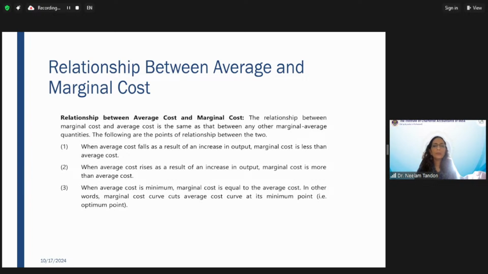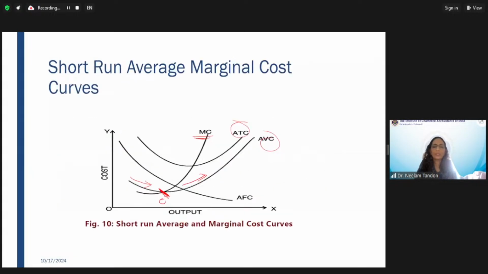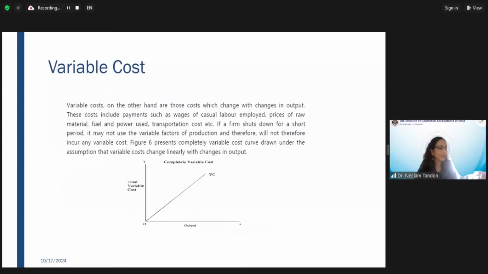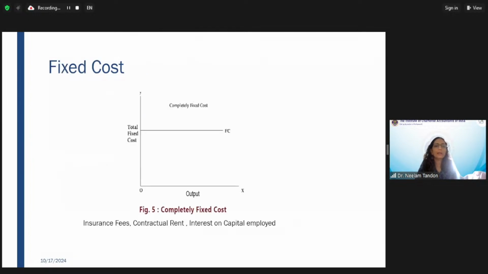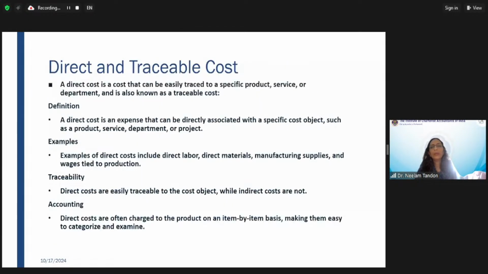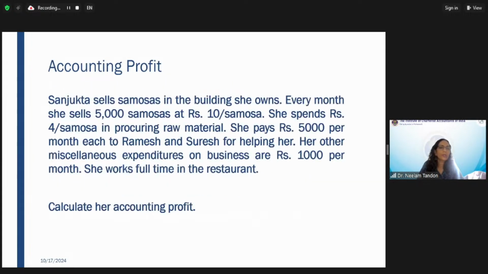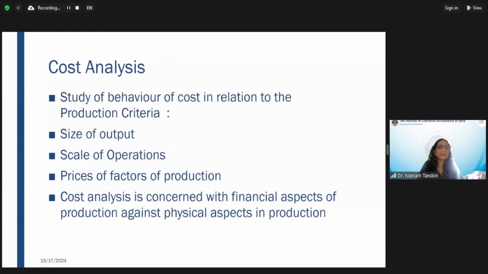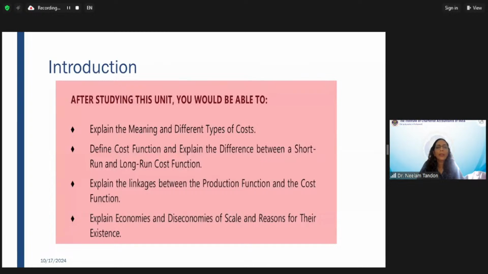So the relationship between marginal and average cost we have shared. Just a recap of what we have shared today so that you understand the cost component. Now in your book, they have also given opportunity cost. I have not written opportunity cost over here. Reason being, if you understand simply, what is opportunity cost?